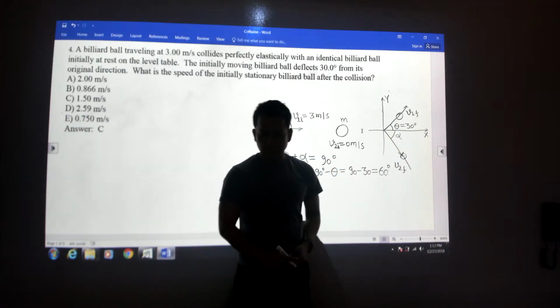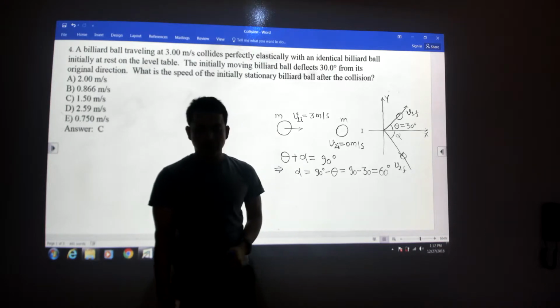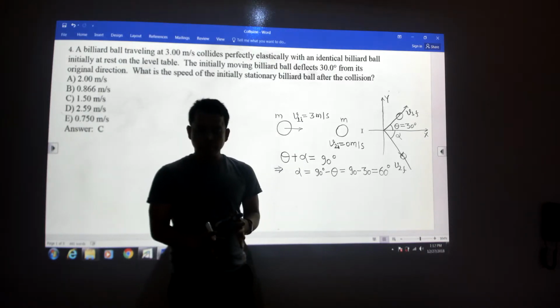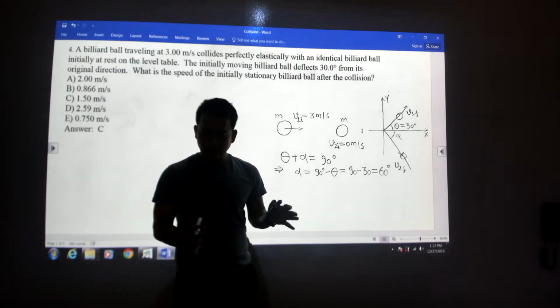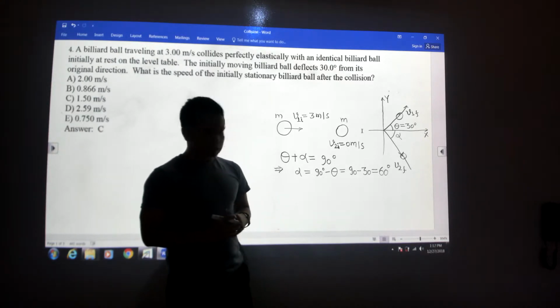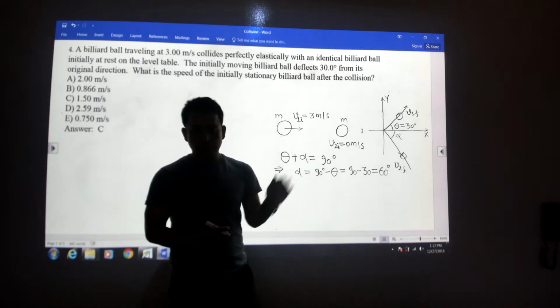Now life becomes a lot easier, because we can apply the principle of conservation of momentum both along the x-axis and along the y-axis. Let's do it first along the y-axis.